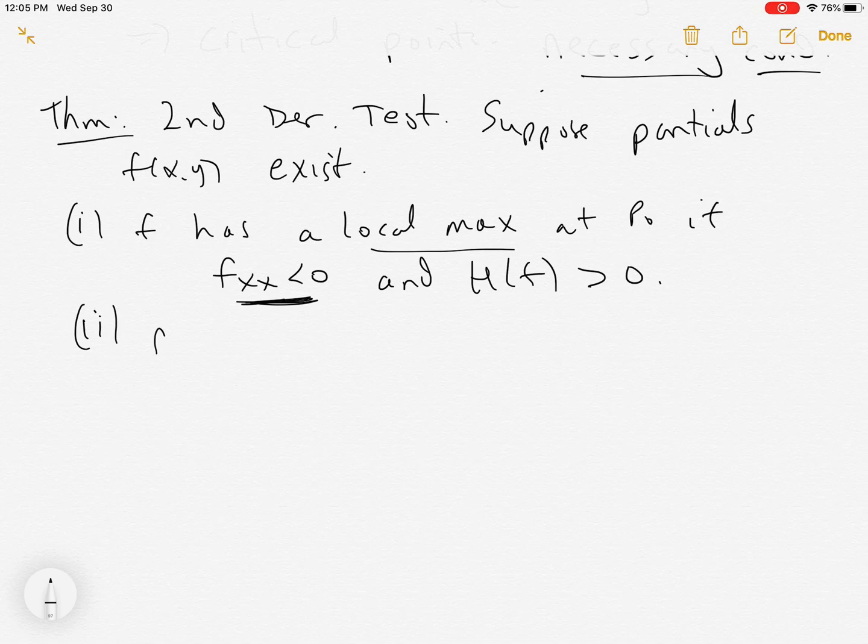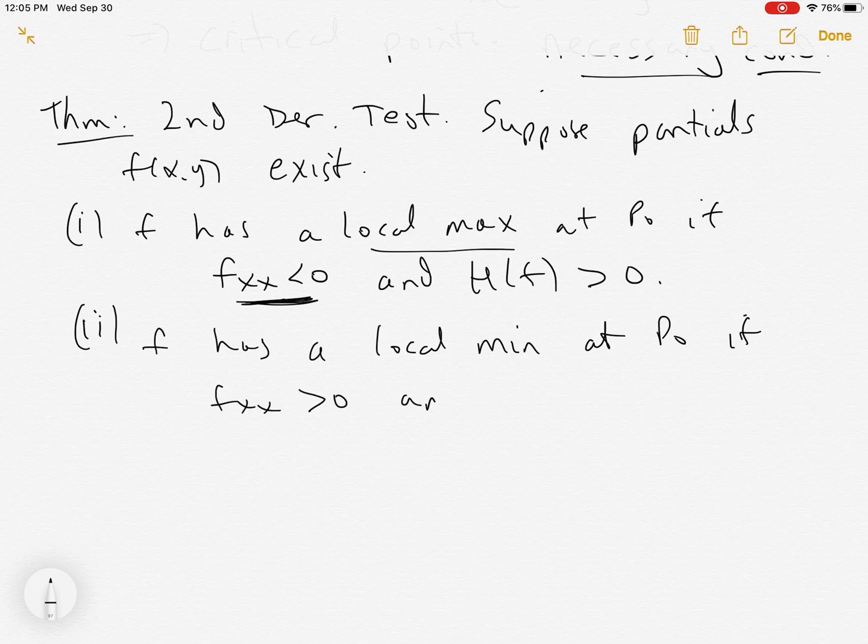Okay, 2. F has a local min at P naught if the second partial is positive and the Hessian is positive, right? Concave up.